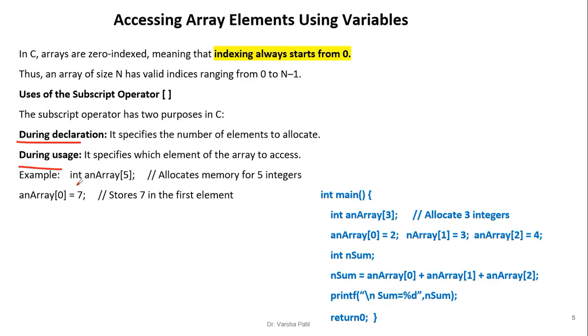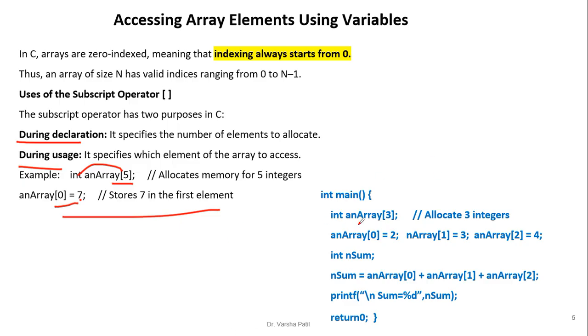Now see this declaration: int an_array[5]. So here 5 elements of integer type are allocated, that is the declaration. And when we want to store the value 7 into the first location, we write an_array[0] = 7, so 7 is stored at the first location. So this is the subscript operator use, at the time of declaration and at the time of usage.